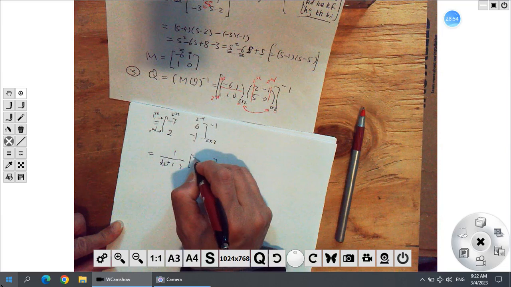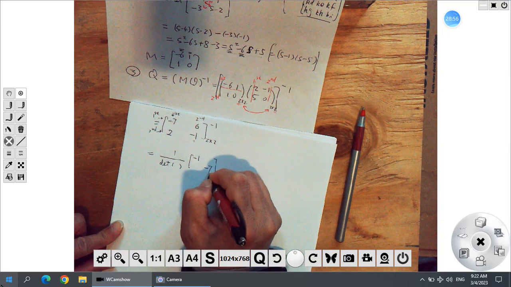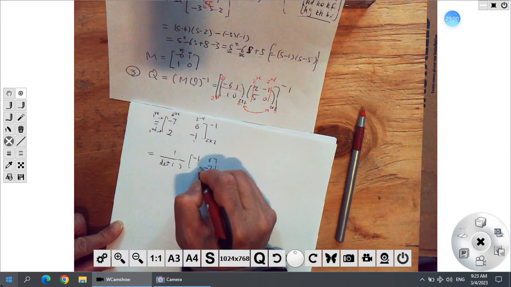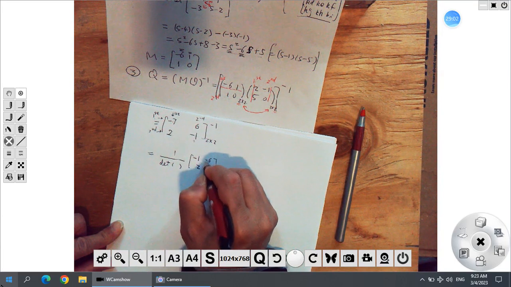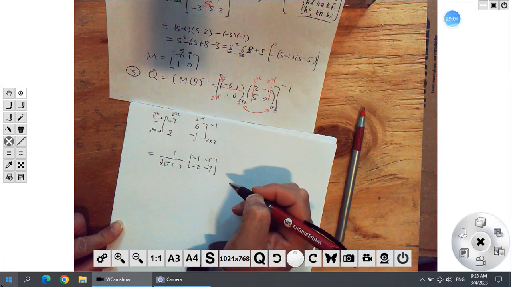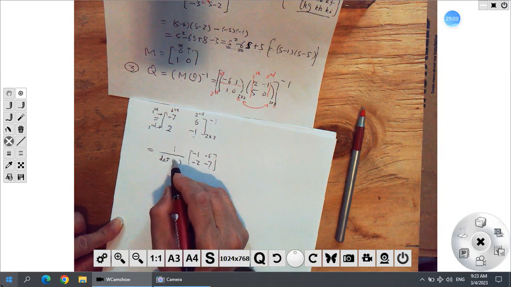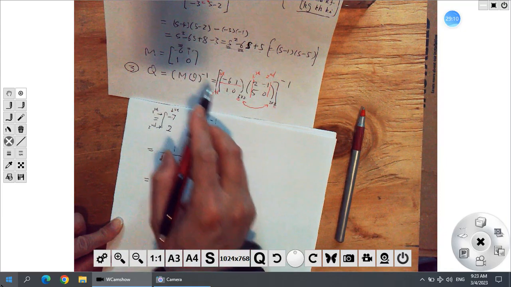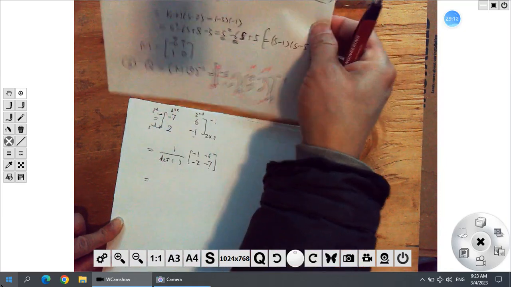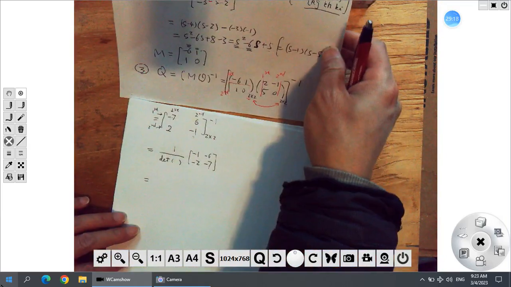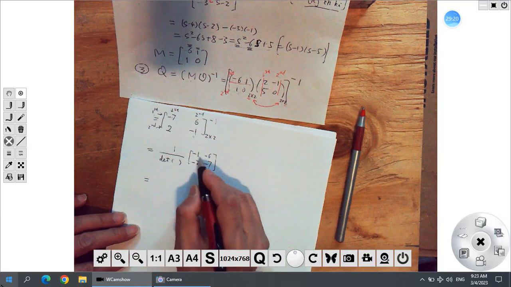This is -1 and -7, and 6 and 2 we keep them but change the sign. Alright, okay, so what is the determinant? Same way we calculate determinant in this part, right? Here we need a determinant of this matrix. Now we calculate the determinant of this matrix.